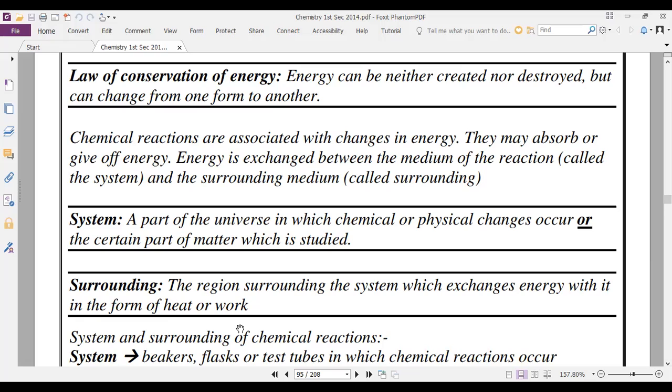Surrounding is the region surrounding the system, which exchanges energy with it in the form of heat or work.